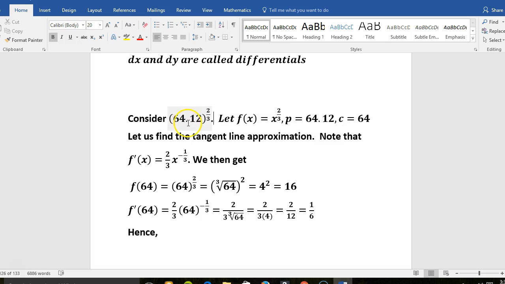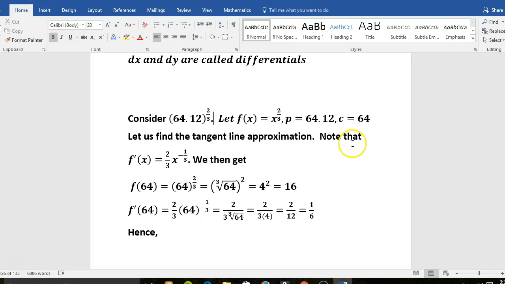Now 64.12 looks awful close to 64 to me. So c equals 64. Now p is the original, 64.12 itself. 64 is pretty, and we're close to it. 64.12 is not too far away. So we're going to use a tangent line approximation.